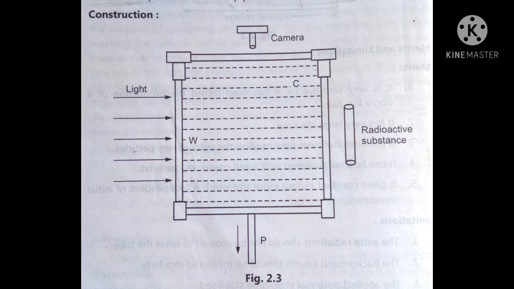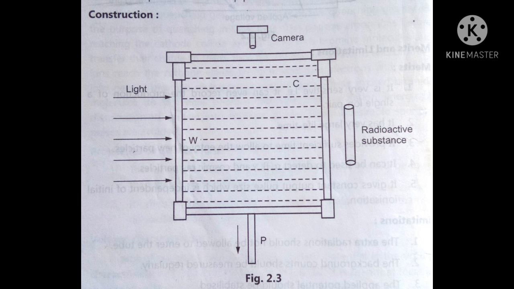P is the movable piston whose upper surface is coated black. Just above the chamber, a camera is fitted. A powerful beam of light is allowed into the chamber through a window W. Some radioactive substance in the form of a rod is placed near the chamber. So this is the principle and construction of Wilson cloud chamber.